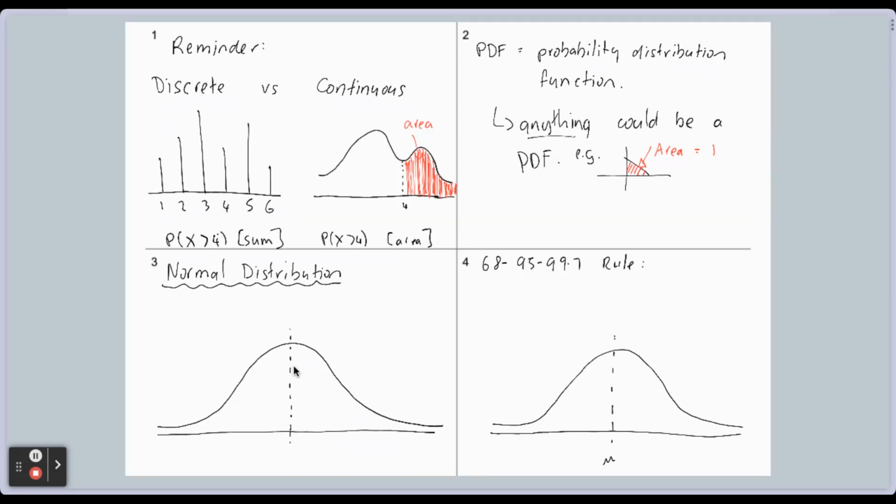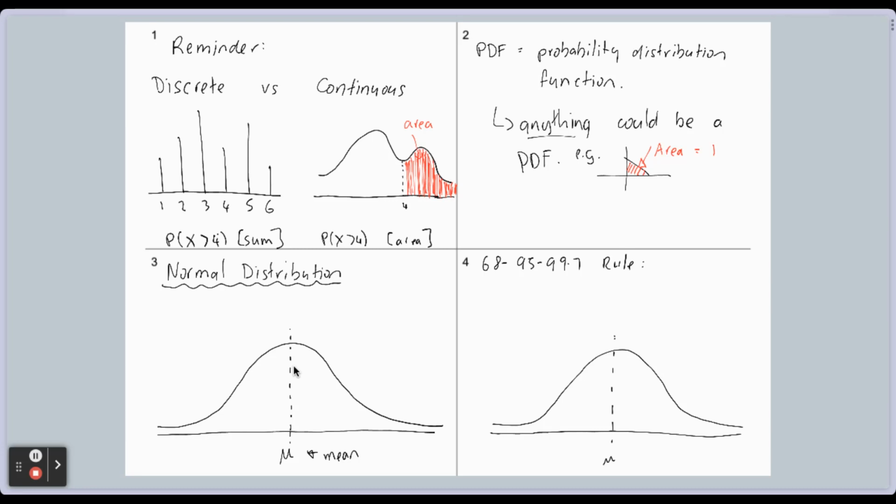Okay, just looking at properties of this normal distribution, if it's distributed normally, then you would expect the very, very middle to be, just a reminder, the mean, like so.